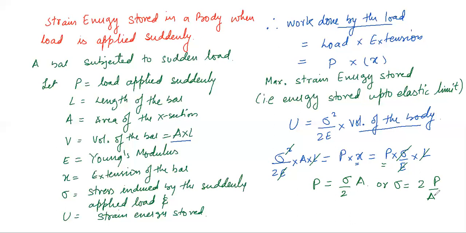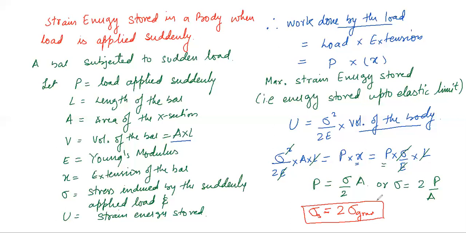From the above equation, it is clear that the maximum stress induced due to suddenly applied load is twice the stress induced when the load is applied gradually. It means sigma sudden is twice of sigma gradual.